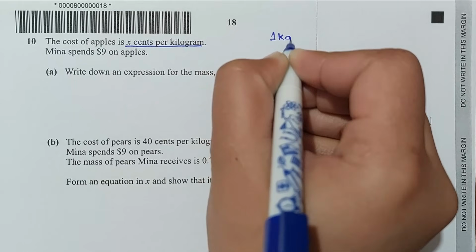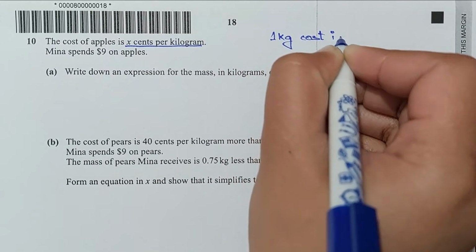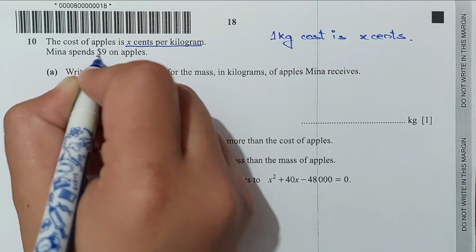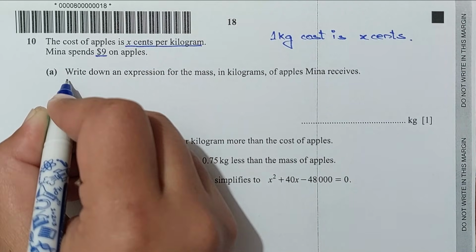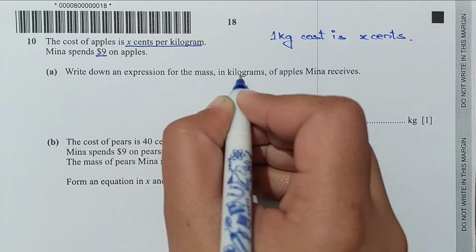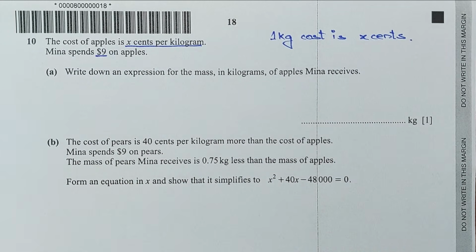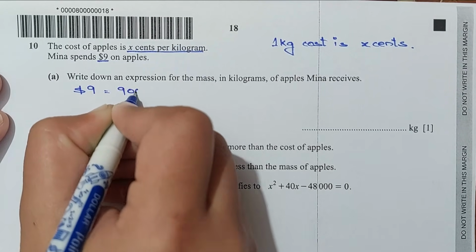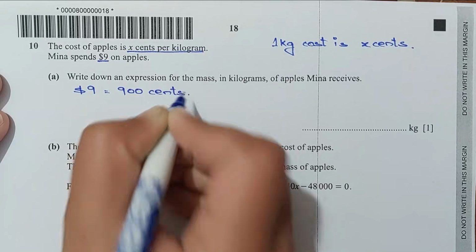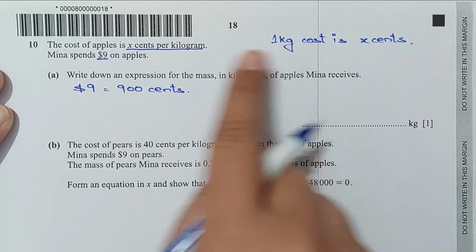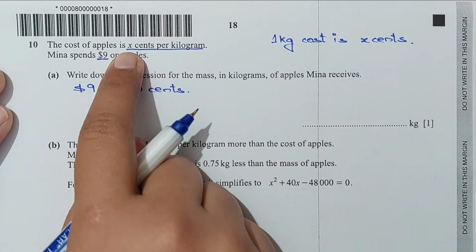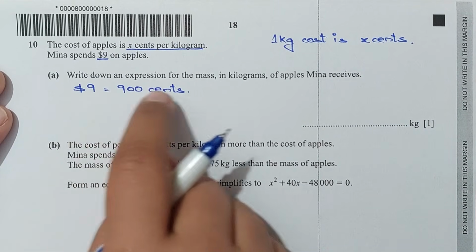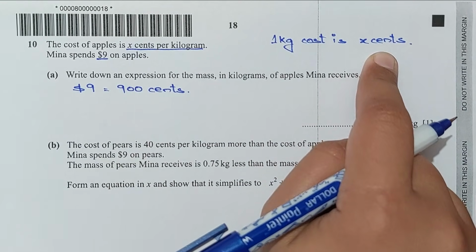Now question number 10. The cost of apples is X cents per kilogram. 1 kilogram costs X cents. All right, Meena spent $9 on apples. Part A: write down an expression for the mass in kilograms of apples Meena receives. So $9 is equal to 900 cents, right? 1 kilogram costs X cents.